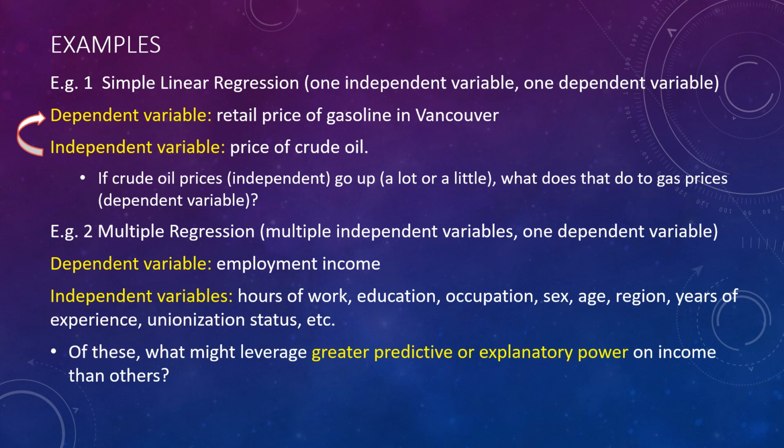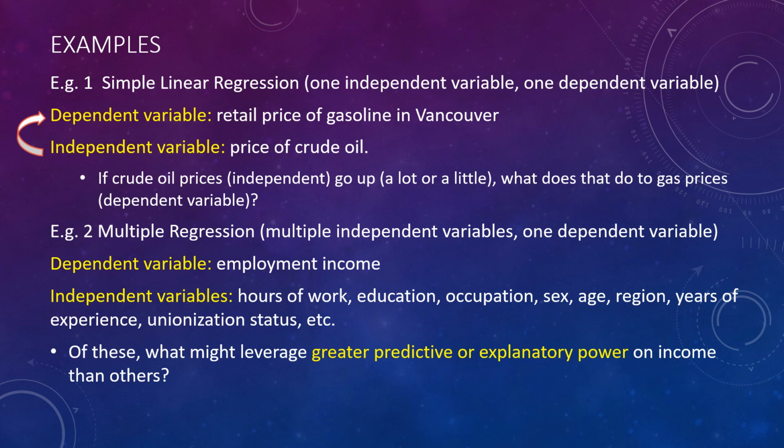So if I want to know what the price of gasoline in Vancouver is going to be when the price of oil goes up by a certain factor, I can put together a model that will get me, hopefully, pretty close to that estimate. And this is that extension. Explanation, simple correlation does that. But prediction is where regression has a leg up on correlation.